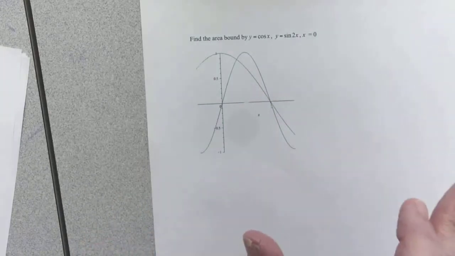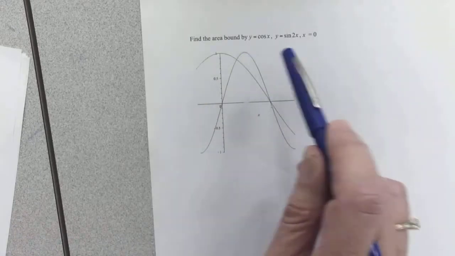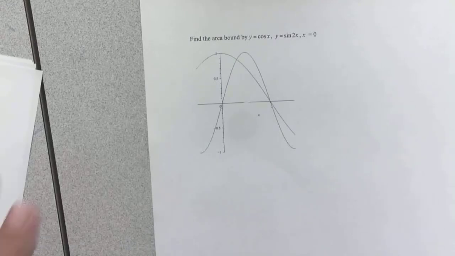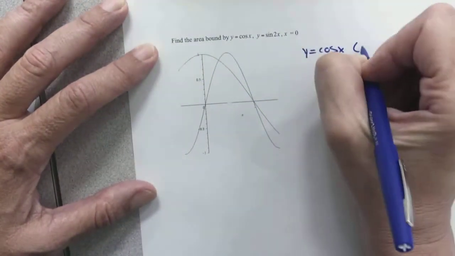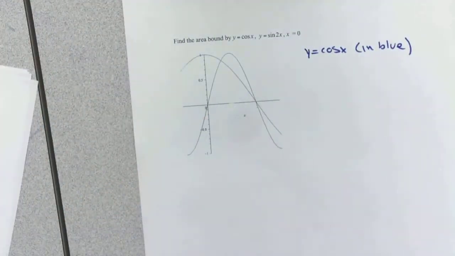There are 3 regions, and you've got to be sure that what you pick for the region only involves the things that you know. So y equals cosine x, we'll trace that in blue. And if you're not good at identifying the graphs, take out your calculator and graph cosine x to see which one it is.